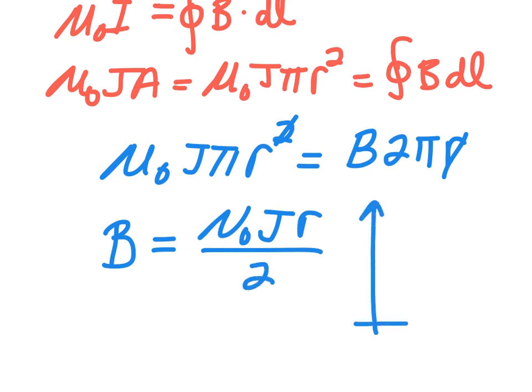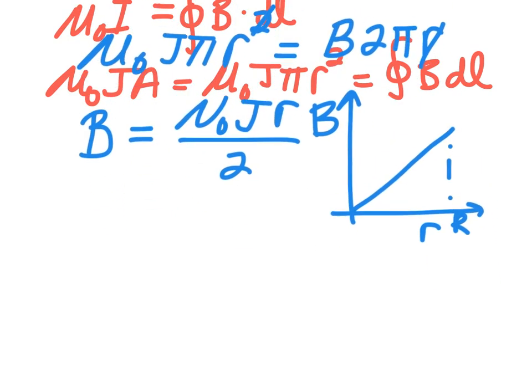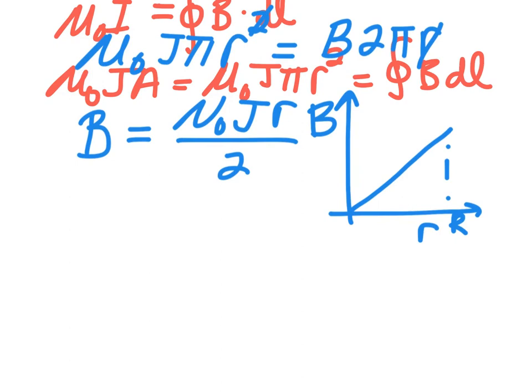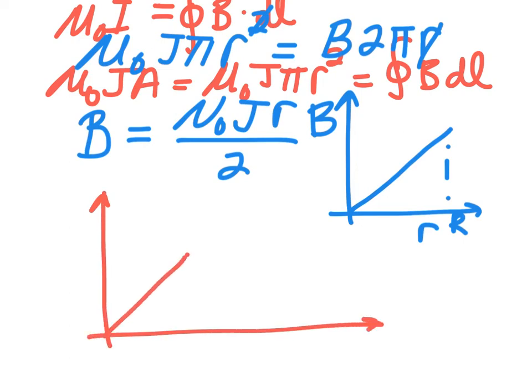So if you graphed the strength of the magnetic field at any distance from the center of the wire up to the actual radius of the wire, you would get this relationship. And we already just found the other relationship, as you pass the boundary of the wire. So the graph in its entirety would look like this, with this being the radius of the actual wire.